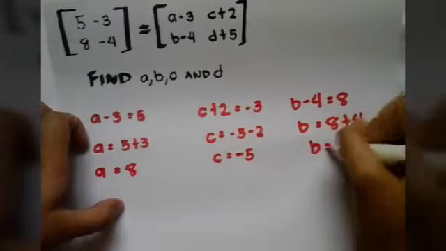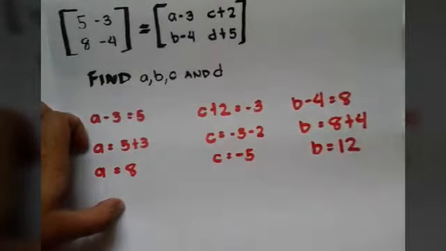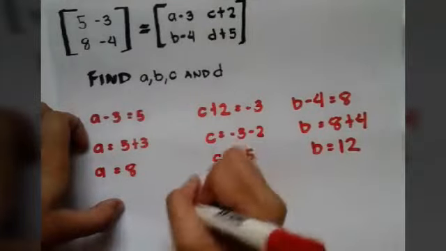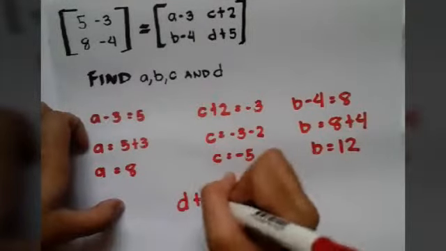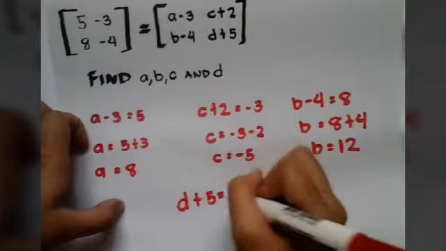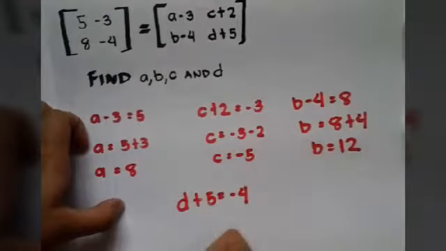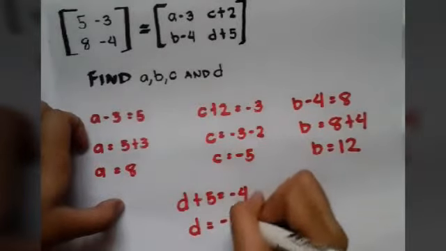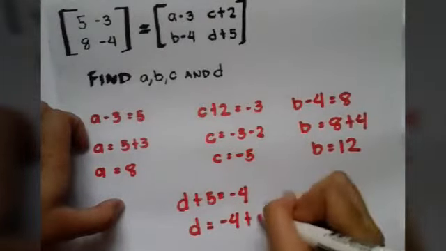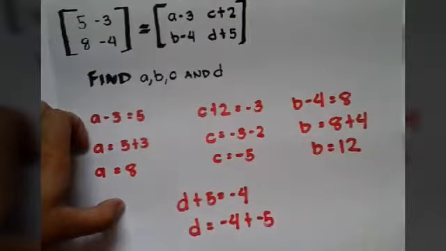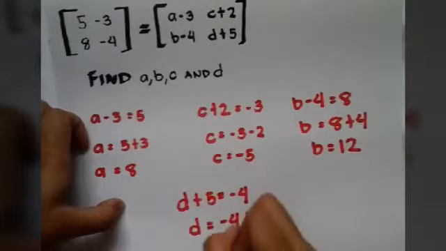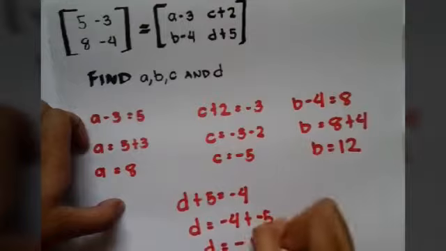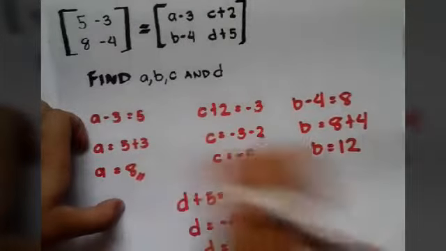So b is equal to 12. And lastly, if d plus 5 is equal to negative 4, this will be d is equal to negative 4 plus negative 5. So, the value of d is equal to negative 9.